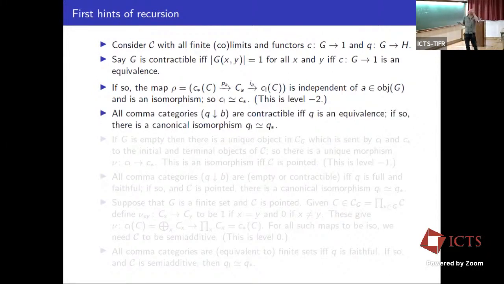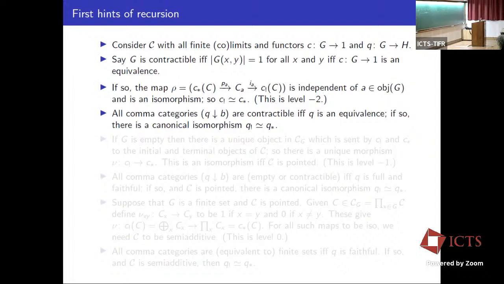Remember, for a general functor Q, we calculate Q lower shriek and Q lower star using these comma categories. Maybe we'll have a quick reminder of the definitions.